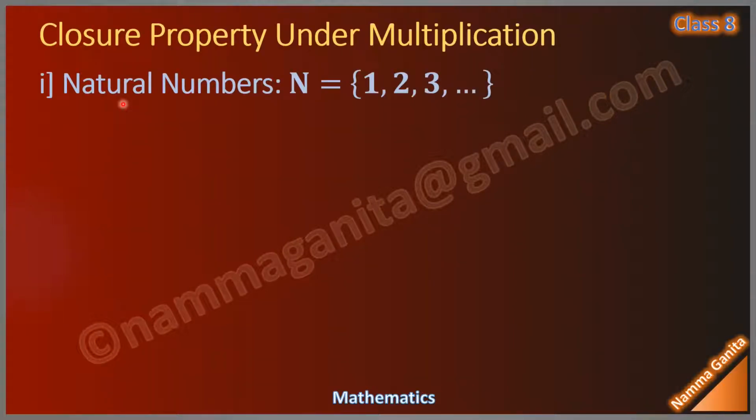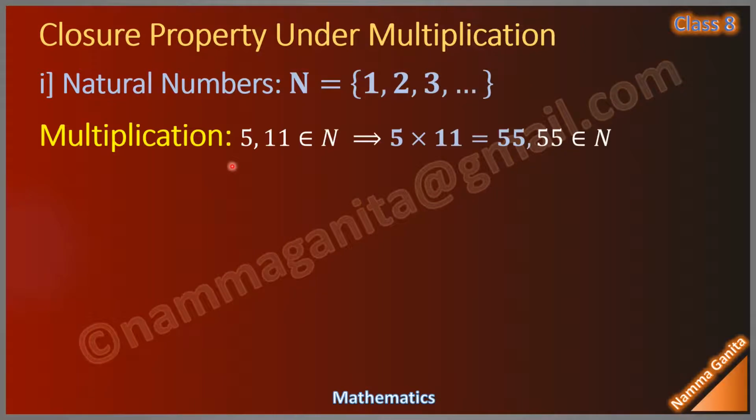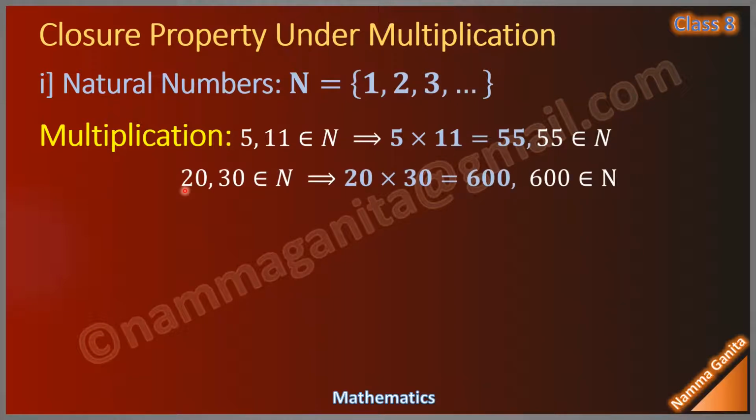Consider the set of natural numbers N = 1, 2, 3 and so on. Consider the first example. 5 and 11 belong to N. That implies 5 into 11 is equal to 55, and 55 belongs to N. Consider the second example.